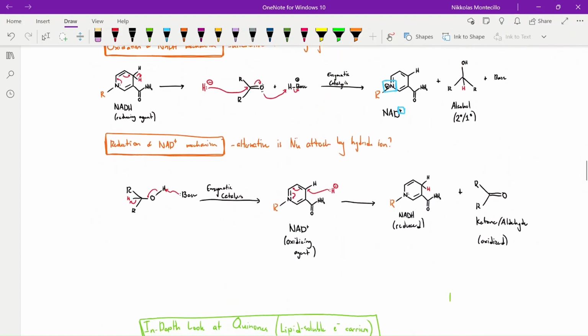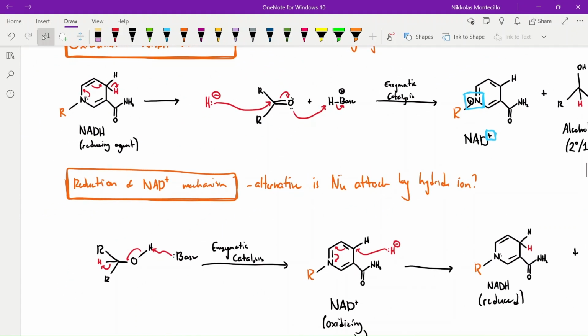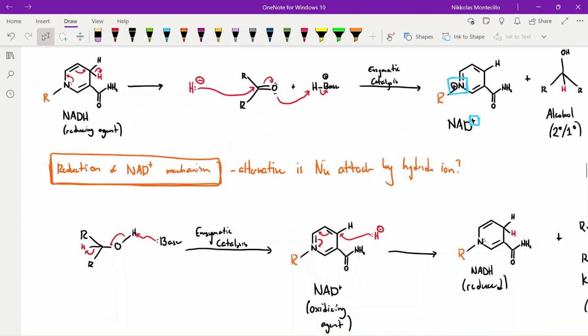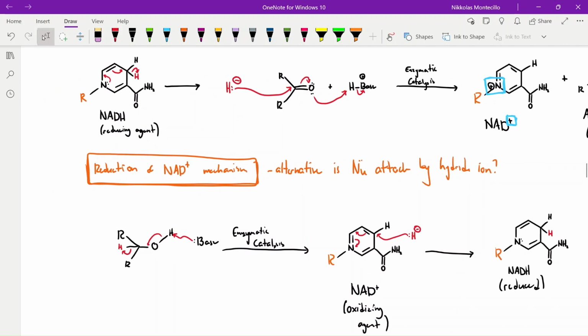Okay, so yes, we have to go through the reduction of NAD. This is the opposite mechanism. I would assume that some sort of base, probably the same base, will take a proton, so this base becomes protonated here, right?